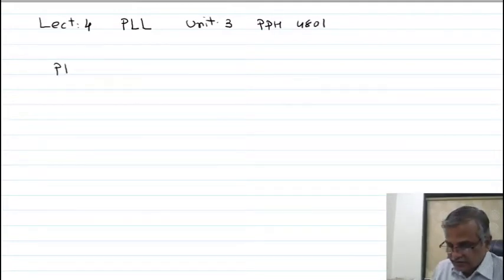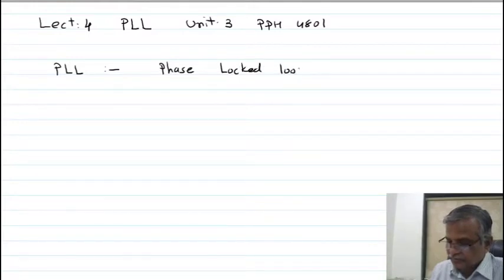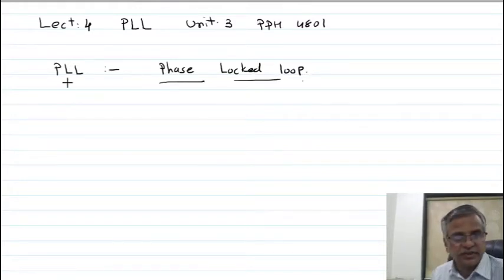PLL is one monolithic IC. It is a phase lock loop. This phase lock loop is known as a PLL. PLL became very popular in 1930 when it was used in radar synchronization and communication systems.